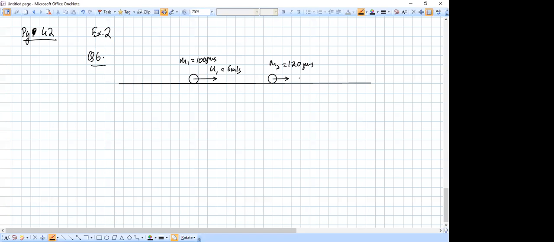If it had said that they are moving opposite to each other, then we would have taken this one's direction as opposite like this, but they're moving in the same direction. So we have to take it like this. So this is the situation initially, at t equal to 0.